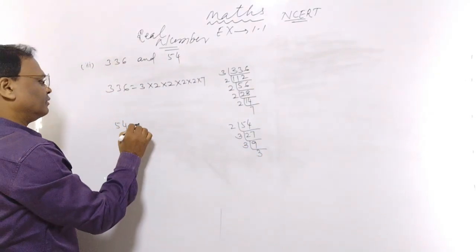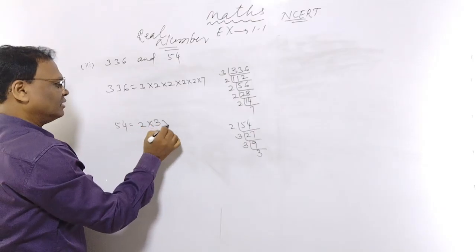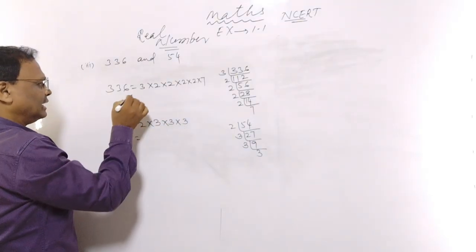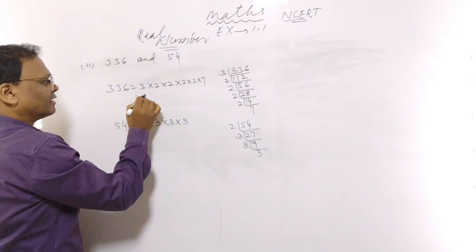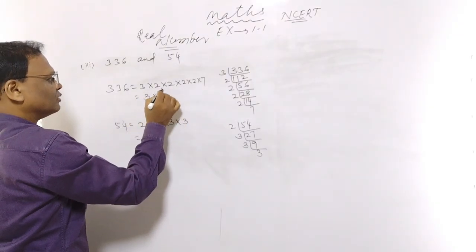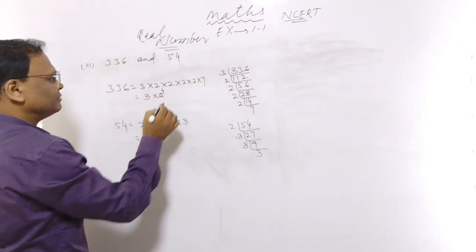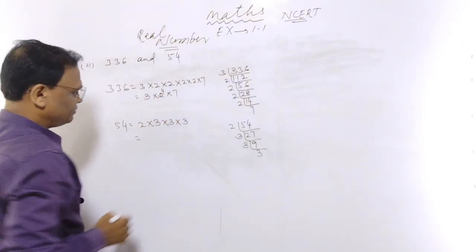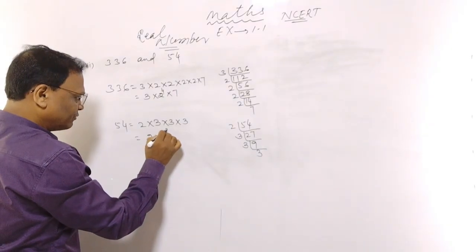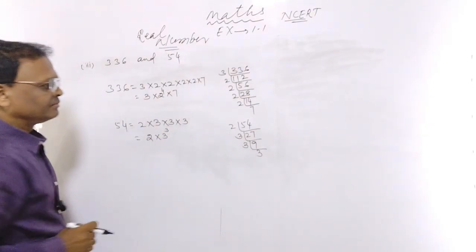So this gives me 2 into 3 into 3 into 3 into 3. Further, this one we can write as 3 into 2 to the power of 4 into 7, whereas this one we can write as 2 into 3 to the power of 3, because 3 times 3.